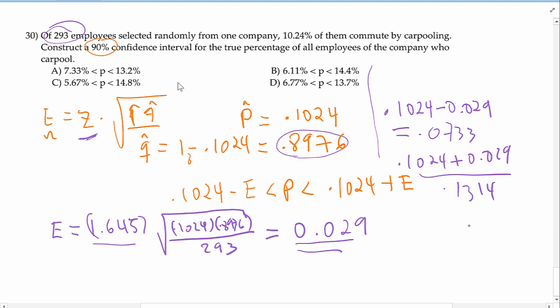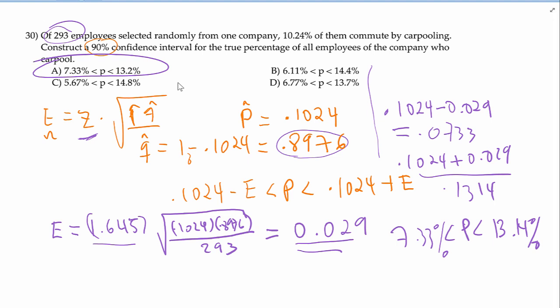So we write these numbers as percentages. We multiply by 100, so we get 7.33% for the lower bound and 13.14% for the upper bound, which is this answer right here.